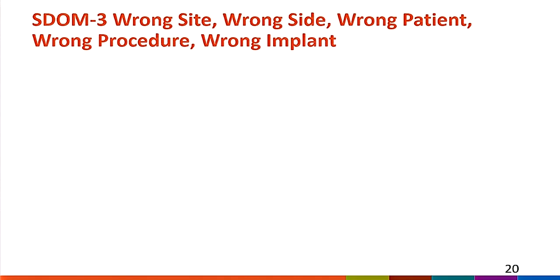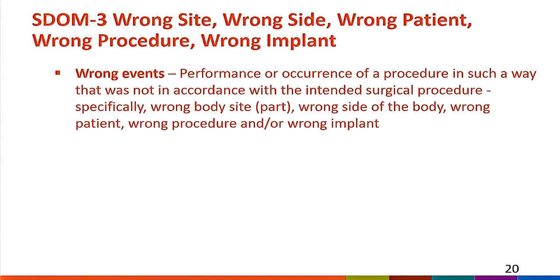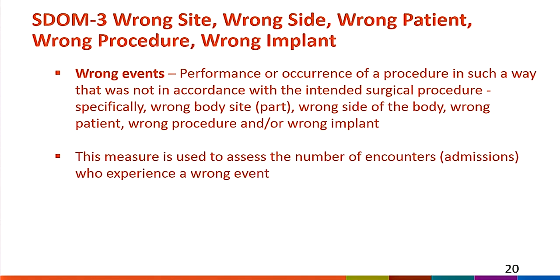SDOM-3, wrong event. The general definition of a wrong event is the performance or occurrence of a procedure in a way that was not in accordance with the intended surgical procedure. Specifically, the procedure is performed on the wrong body site or wrong body part, wrong side of the body, the wrong patient, wrong procedure, and or the wrong implant.